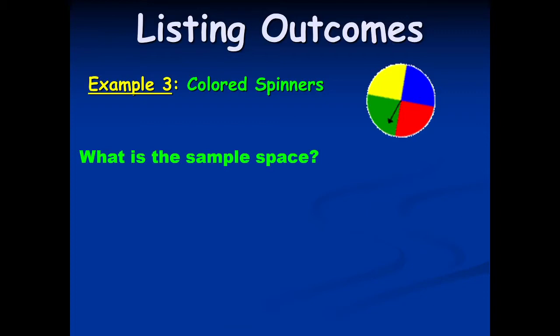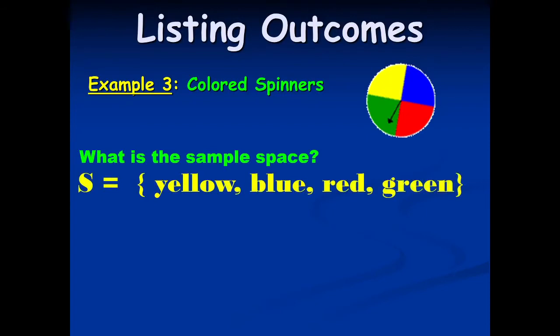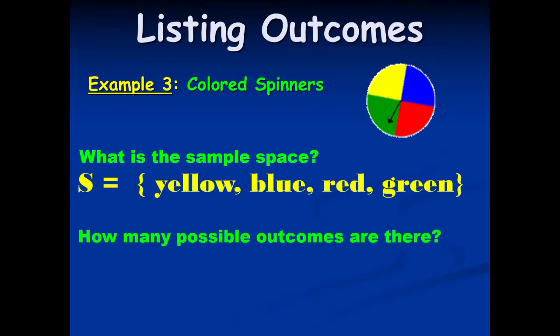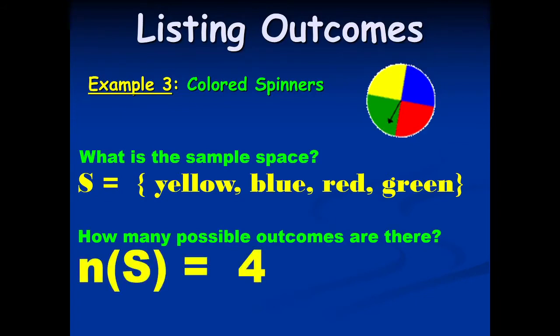Okay, the colors there, those are your outcomes. So the outcomes are yellow, blue, red, and green. So what I'm gonna do here is simply write all the colors inside the braces. And how many possible outcomes do we have? There are 4 possible outcomes. So that's how you get the sample space and the number of possible outcomes for spinners. Colored spinners, to be specific.